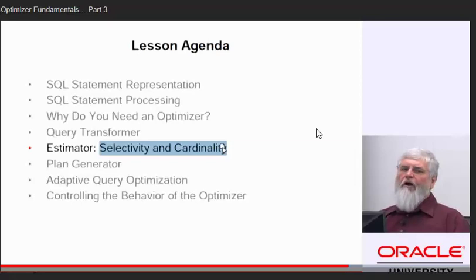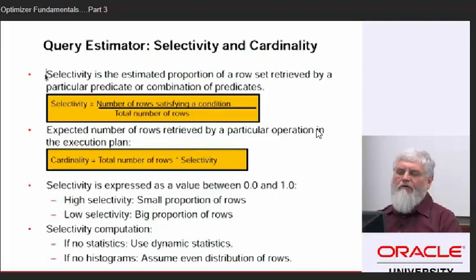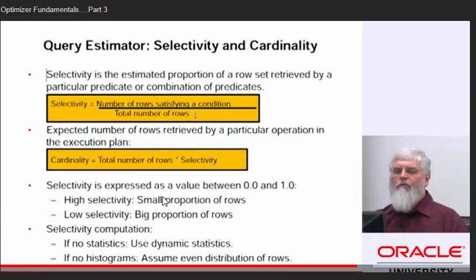It can be calculated if we know the total number of rows that satisfy a condition and divide it by the total number of rows in the table. So if we have a predicate on a column that says we're looking for employees in a certain city or in a certain department, if we know the number of employees in that department divided by the total number of rows in the table, then we can get an accurate calculation of selectivity.